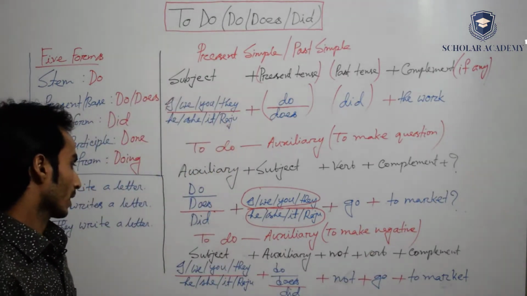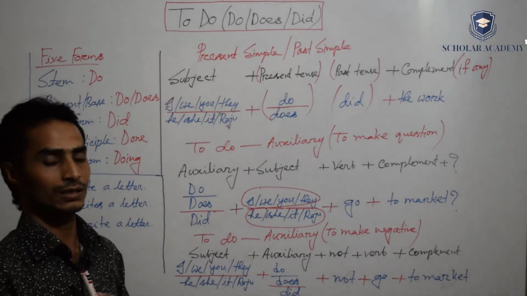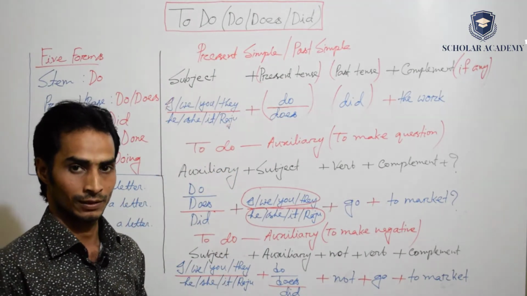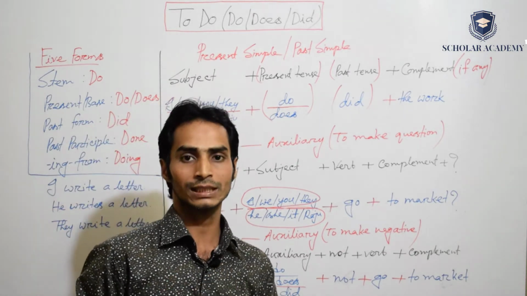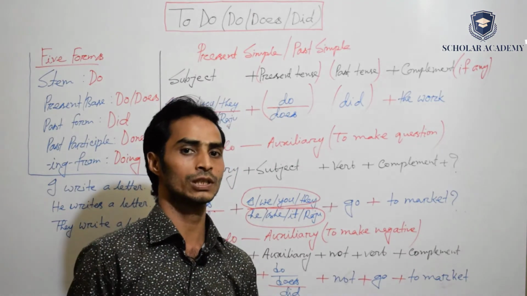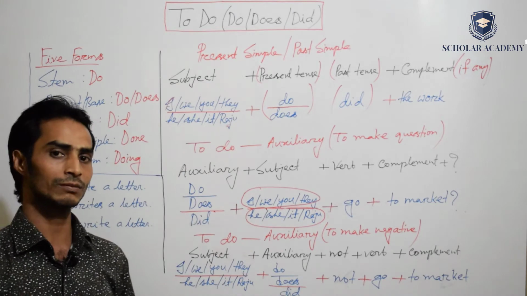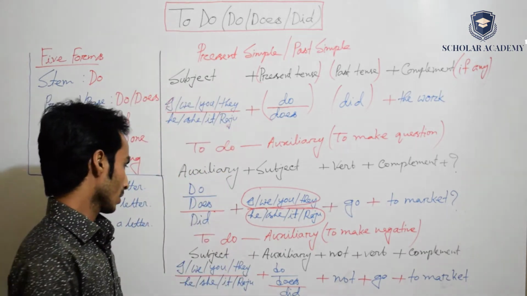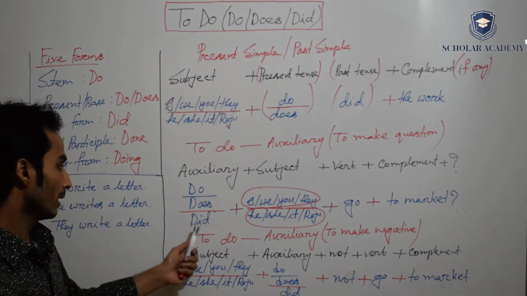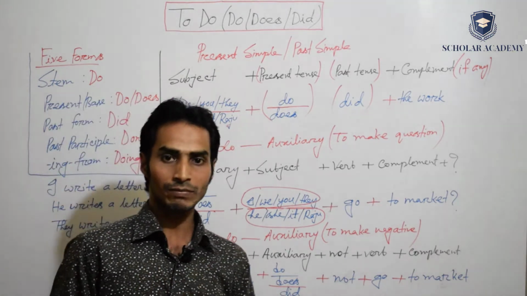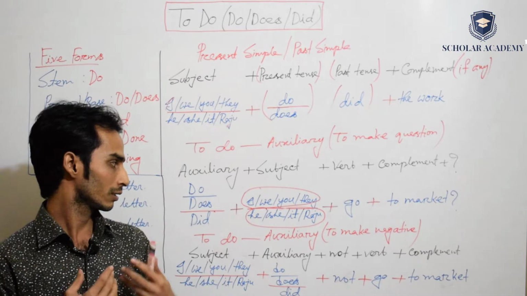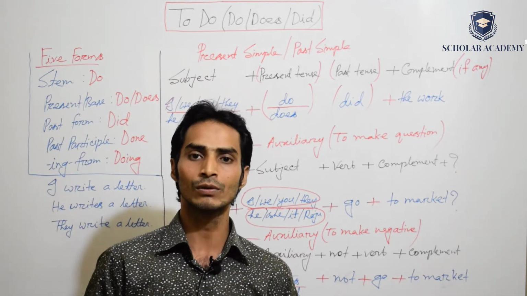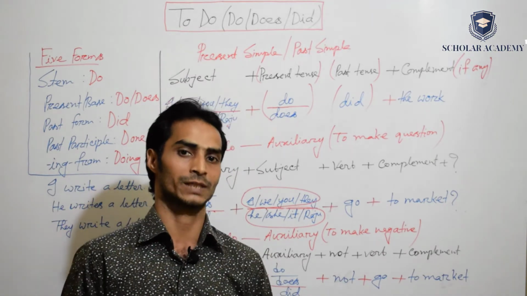If the sentence is simple past tense, how can we make a question? To make a question in the simple past tense, we will have to use did at the beginning of the sentence, before the subject. Remember that the past form of do is did for all subjects.